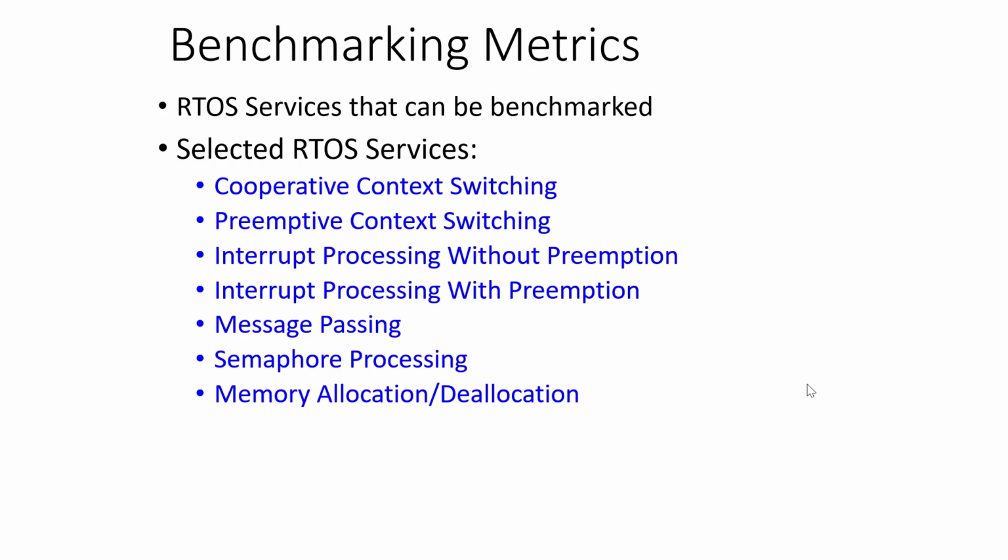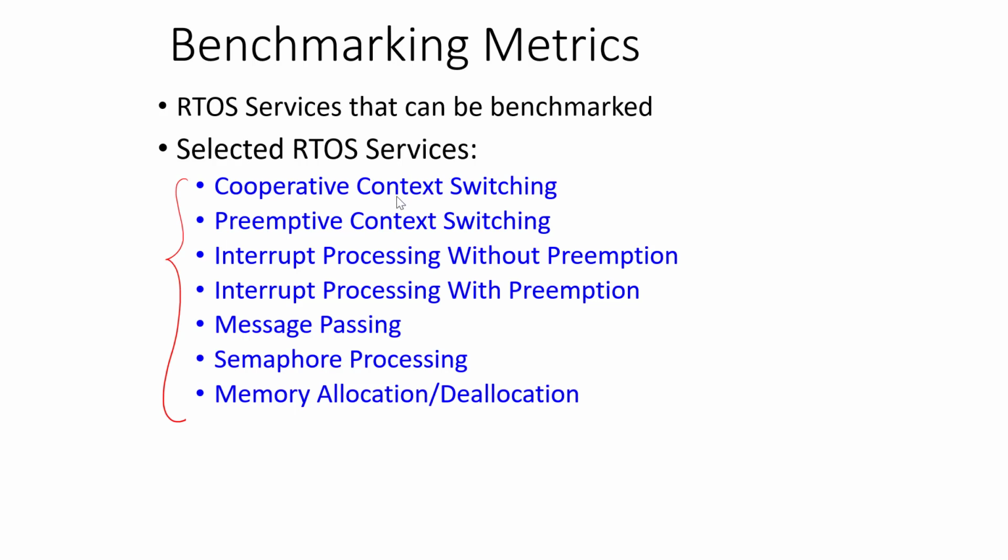So this was the Rhealstone metric, which had a bunch of 7 parameters, and you look at the basket of 7 parameters and compute a metric. This is a subset of what you could actually do for benchmarking. There are a bunch of RTOS services that could be benchmarked.